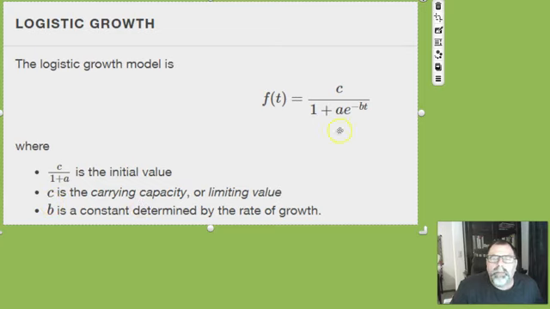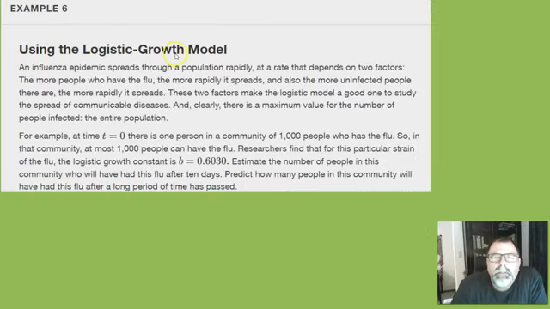C is the carrying capacity or limiting value, sometimes we call it that. And b is the constant determined by the rate of growth. Okay? Example 6, using the logistic growth model. An influenza epidemic spreads throughout a population rapidly at a rate that depends on two factors. The more people who have the flu, the more rapidly it spreads.